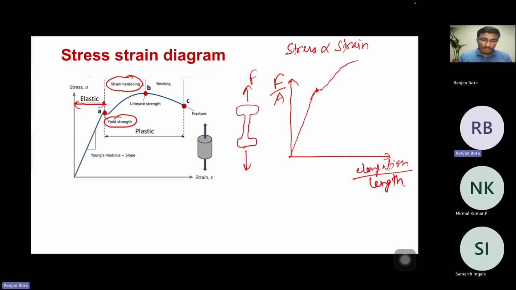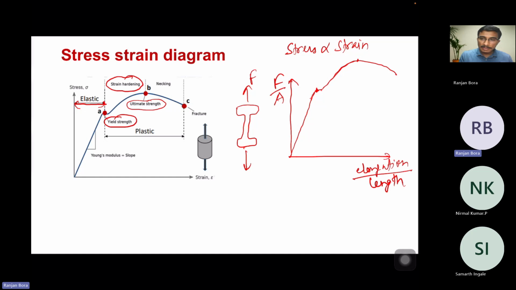So for producing the deformation, we need to apply more load. That's why the force increases, and a stage comes when the force attains its maximum value that can be applied for that material. This point is known as ultimate strength.